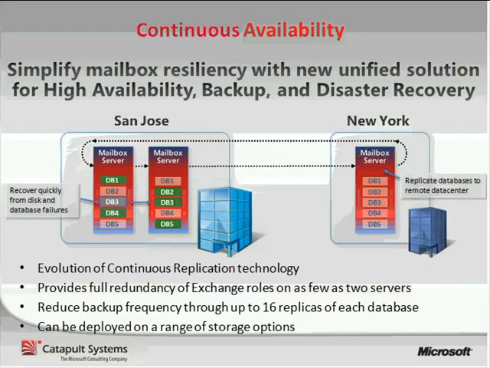And companies want an easier way to replicate their email data to a remote location. If you used any of the continuous replication or standby replication services in Exchange 2010, they were somewhat intensive to maintain.